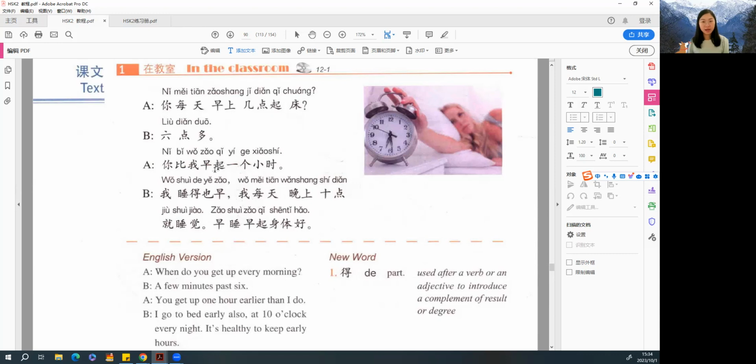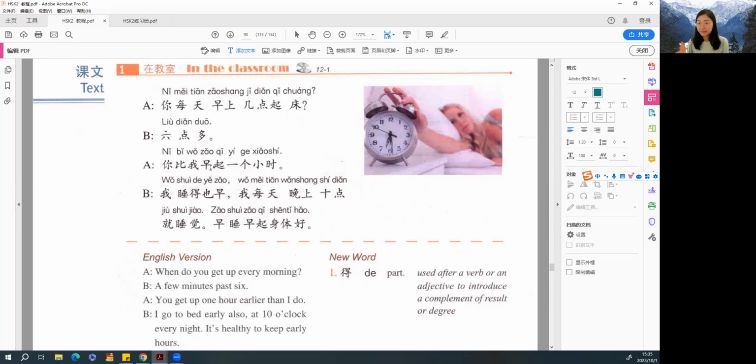Okay, wake up earlier, but how long, how many hours or minutes are you earlier? Oh, 1个小时, 1 hour earlier. So that's how we use the comparison in Chinese. We first emphasize the core meaning of the sentence.